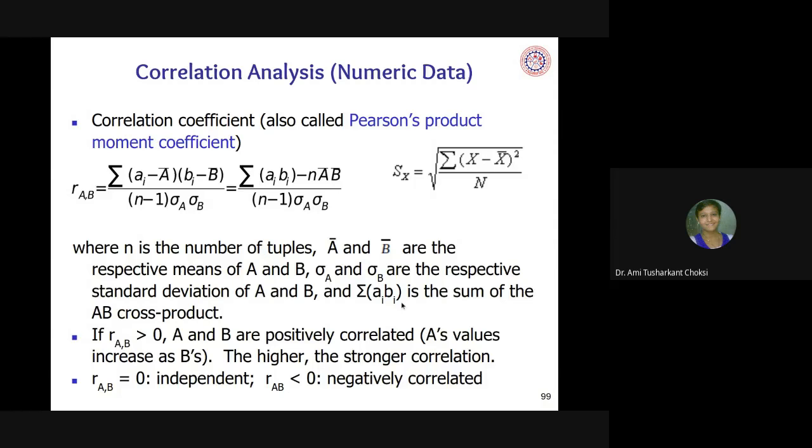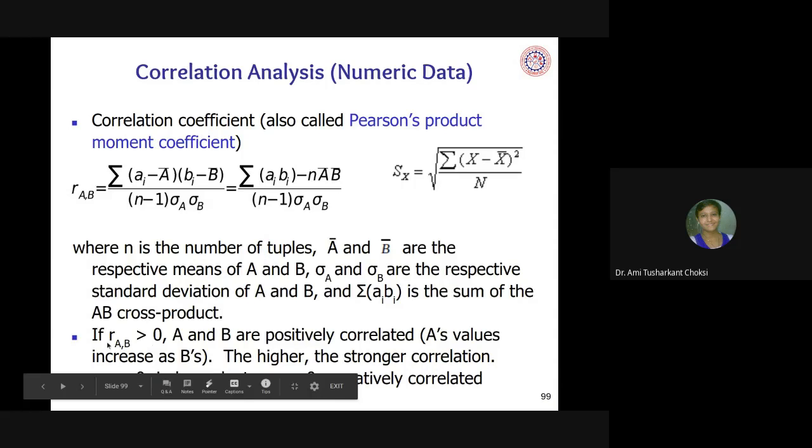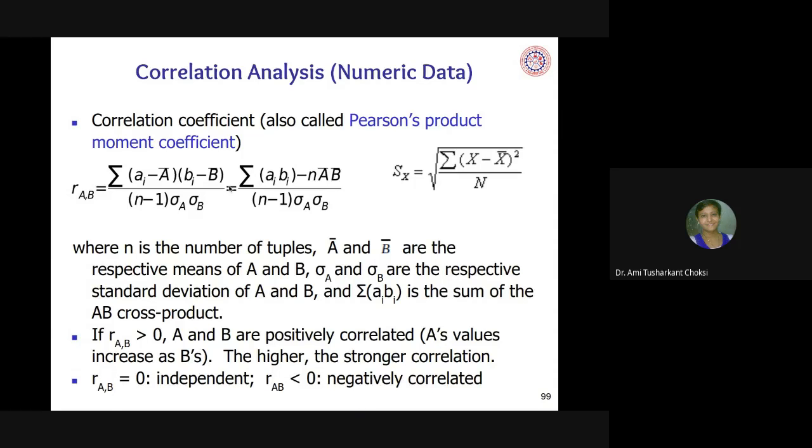So what do we say? If R, whatever we calculate from this particular equation, is greater than 0, then A and B are positively correlated. If R_AB is equal to 0, then they are independent. And if R_AB is less than 0, the two variables, A and B, are negatively correlated, right?